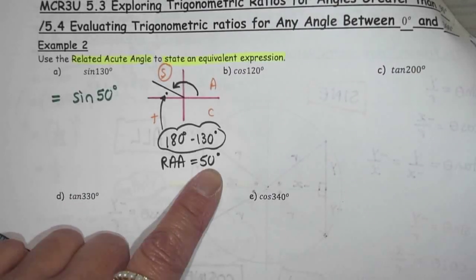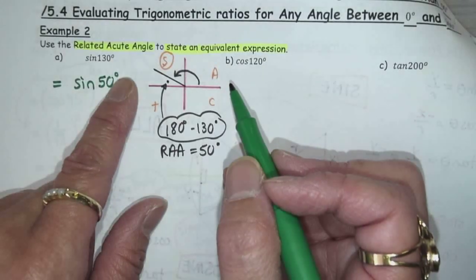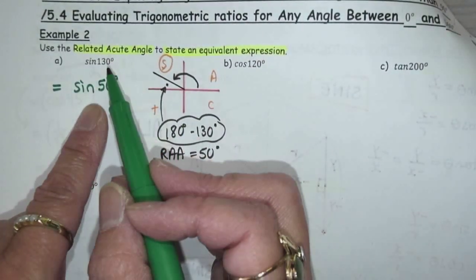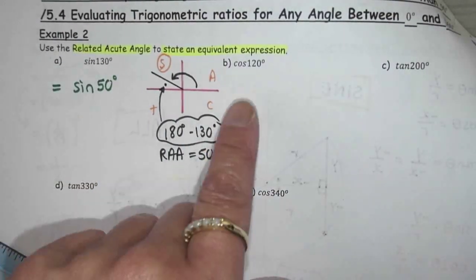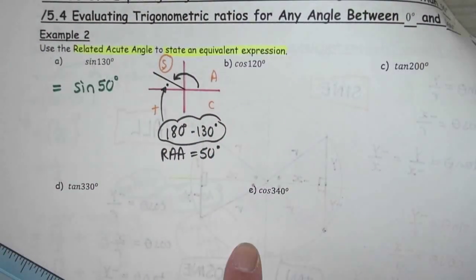Sine of 50 is actually the same as me doing sine of 130. Does that make sense? Because we found that those were the same answer. So they're saying use this RAA to write an equivalent expression.